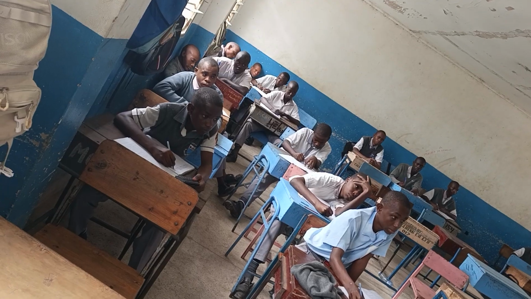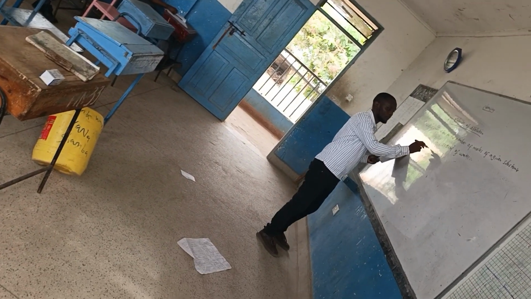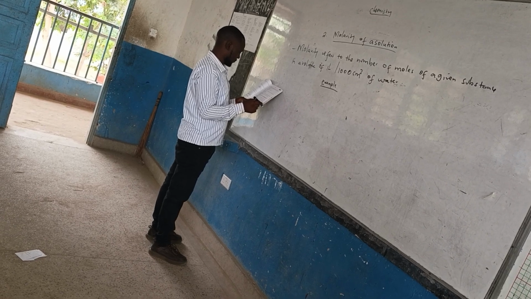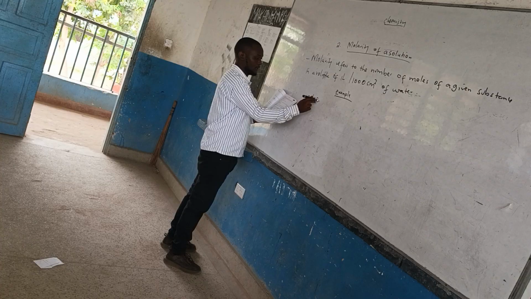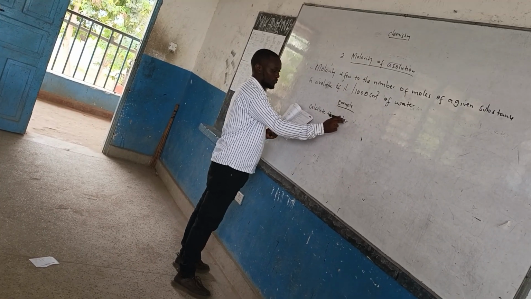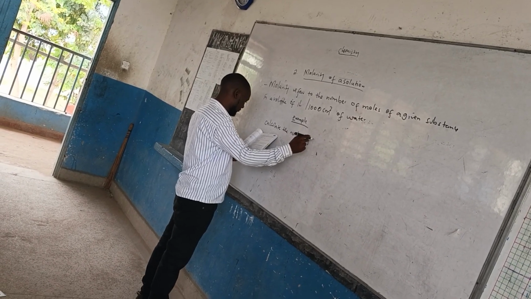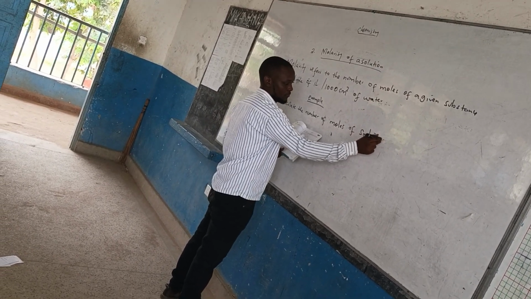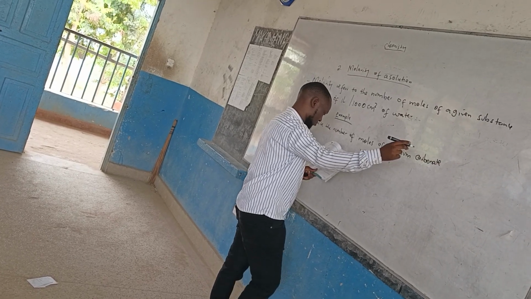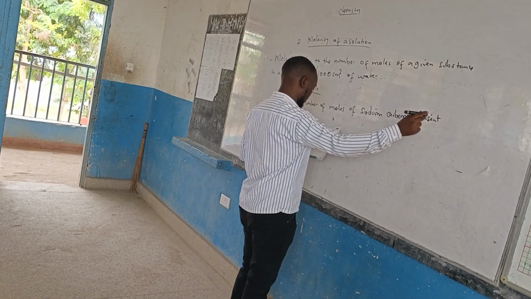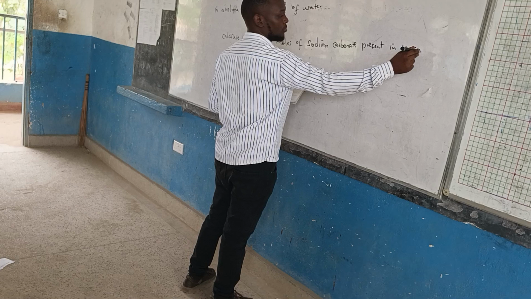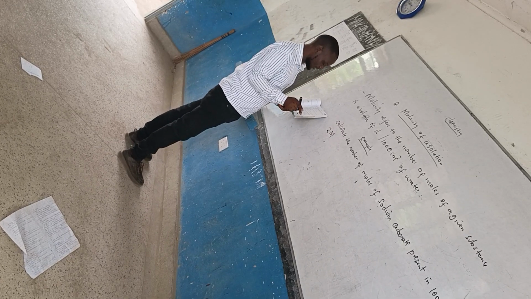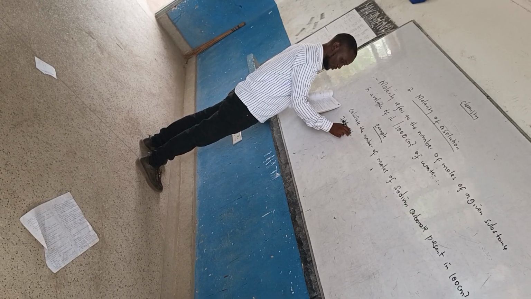Let us look at this example. Calculate the number of moles of sodium carbonate present in 100 cubic centimeters of 2 molar sodium carbonate solution.